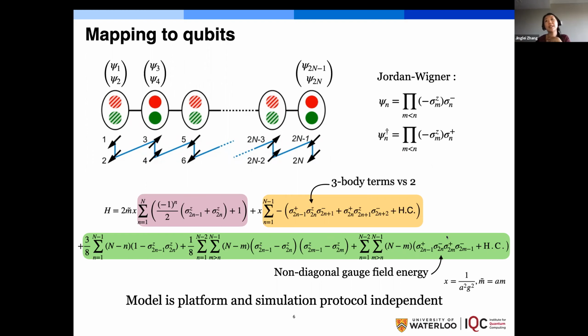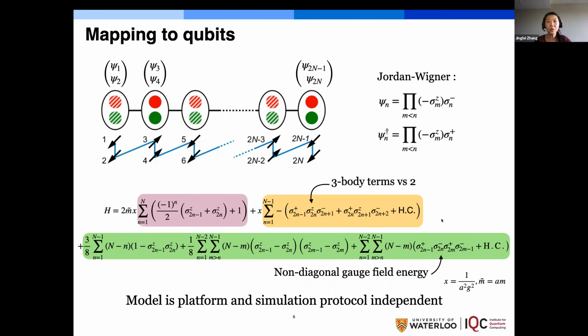But in this non-Abelian case, I have these more complicated 4-body non-diagonal terms. Okay, but this is the model that we can simulate, and in general, this model is platform and simulation protocol independent, right? You can take this and do whatever you want with it.